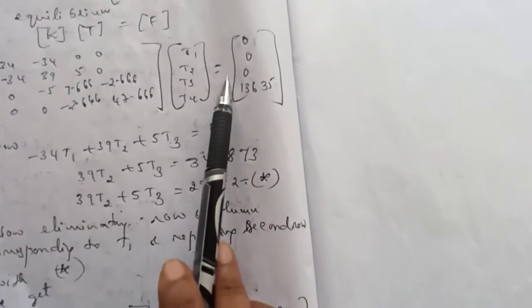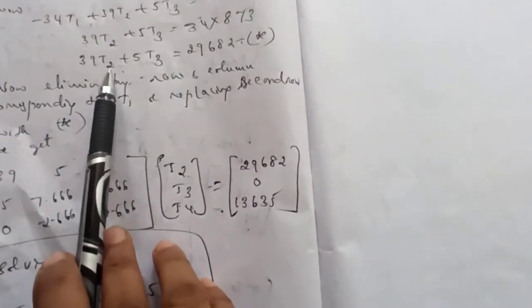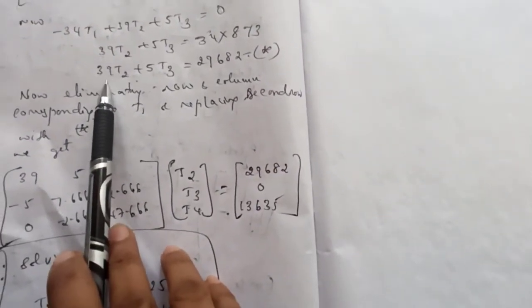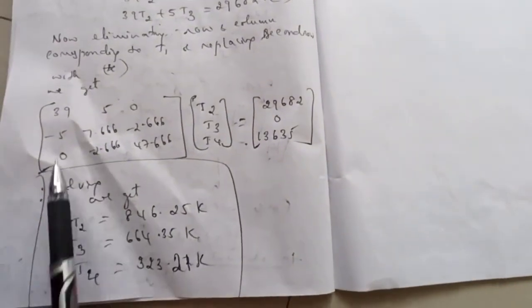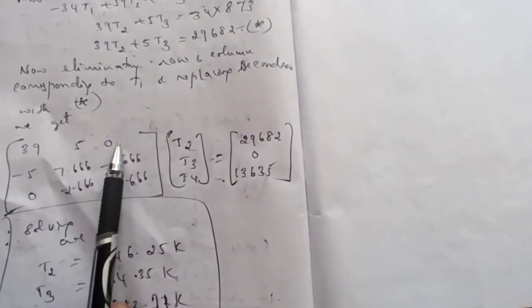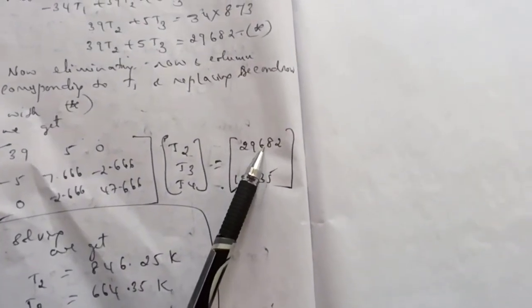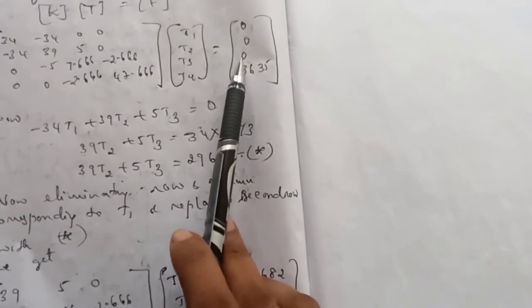In the initial problem the value for the second equation is 0, but after substituting the value of T1, for 39 T2 plus 5 T3 plus 0 T4, I will get the value 29,682. Substitute the other values for the third and fourth equations; let them be the same.